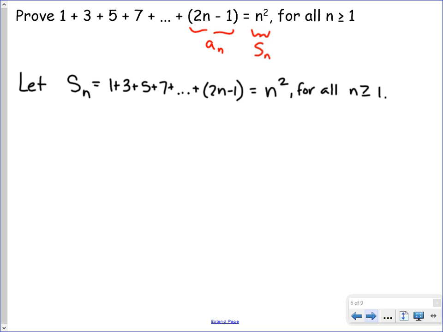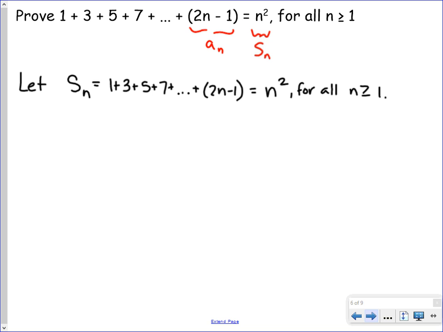And let's say that it is in fact n squared for all n's greater than or equal to 1. So you'll start every induction proof with this same statement where you just say, let S sub n equal, and then you basically copy down the problem.